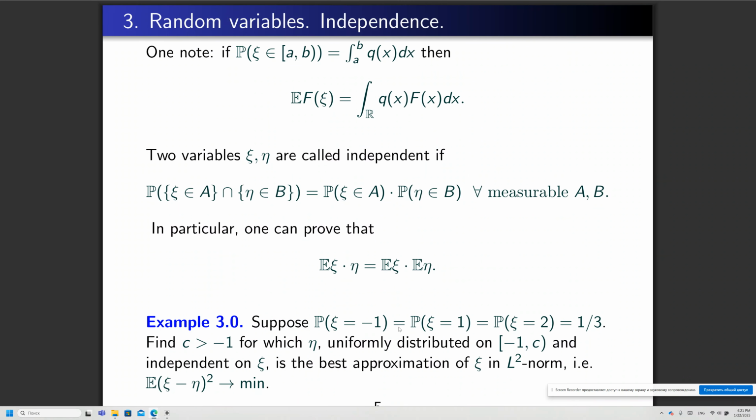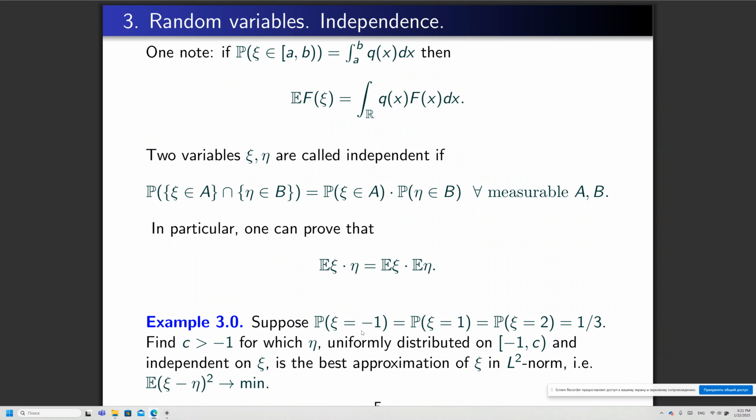So the best approximation of this discrete variable is the continuous uniformly distributed random variable independent of xi on the interval from minus 1 to 3 over 2, because the minimum is reached for this function.